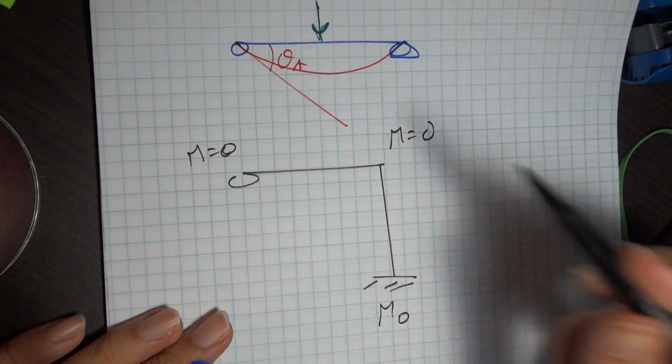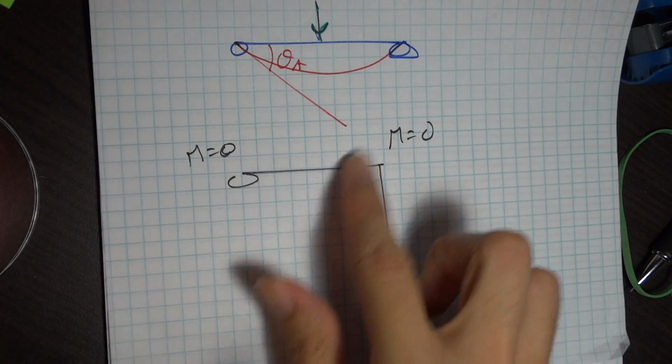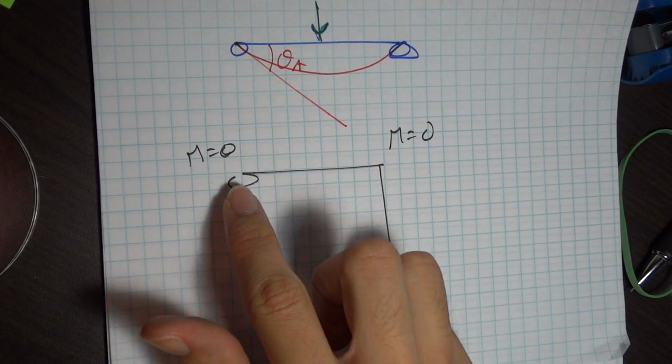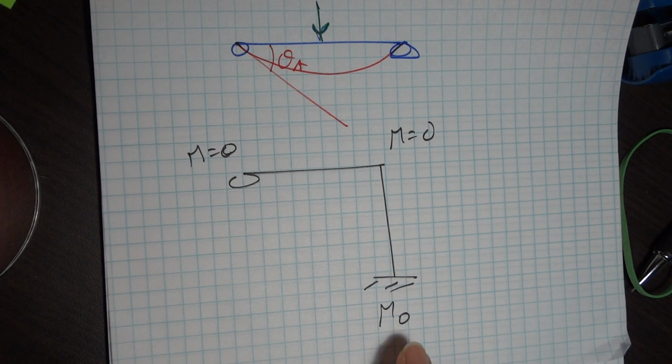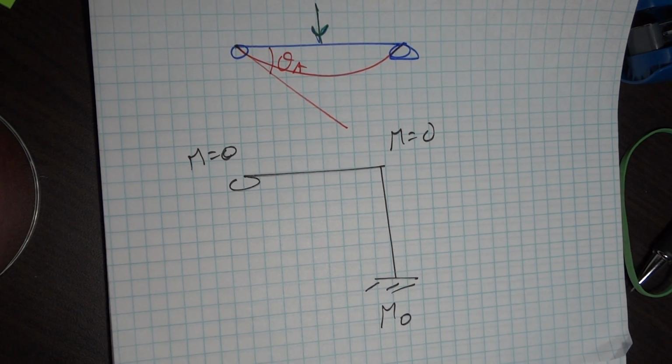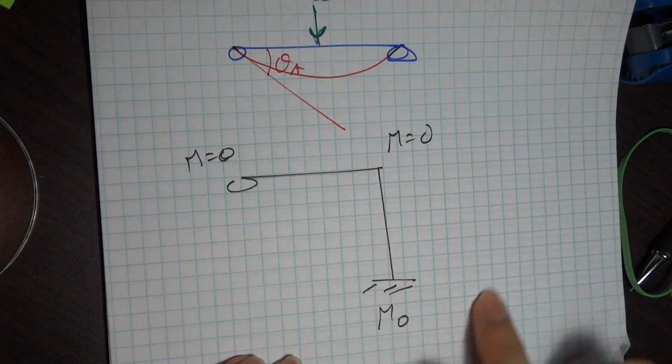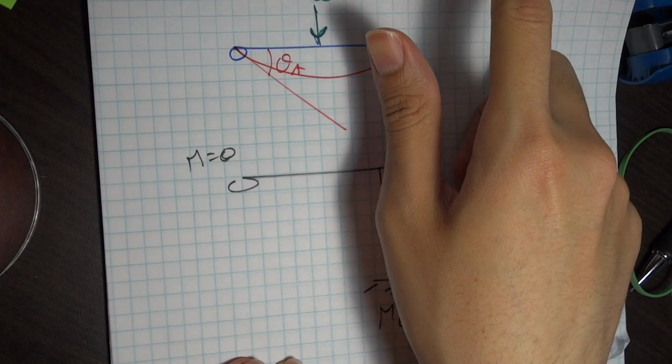So you're going to have moment in this region and moment in this region. You're going to have 0 moment here, 0 moment here, and you're going to have some positive or negative moment here. Once you have your moment diagram, the area of the moment diagram for this section will be your theta B.